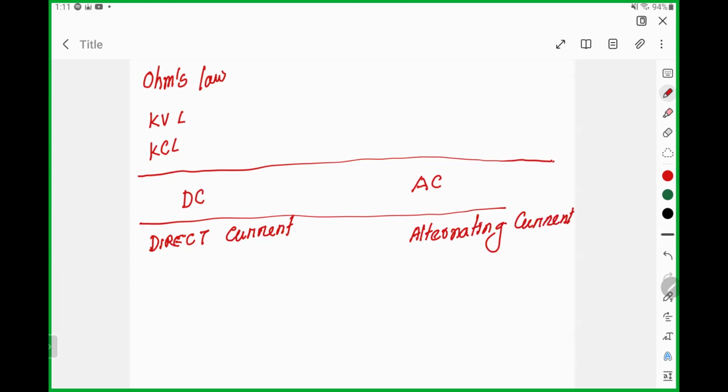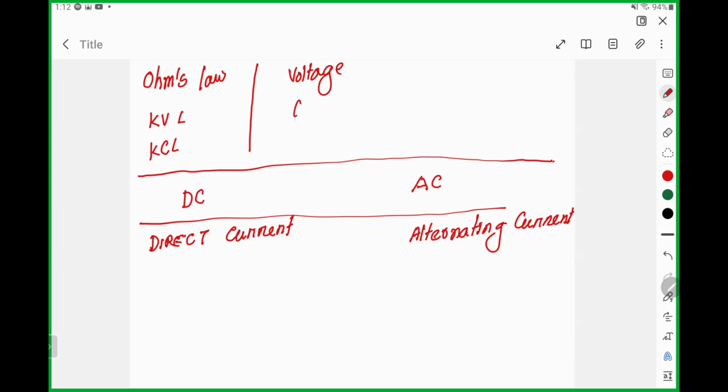Now, what is the difference between DC and AC? By the way, we have discussed three main quantities in electrical engineering. What are the quantities we have introduced in the last class? Three main quantities. Voltage, very good.